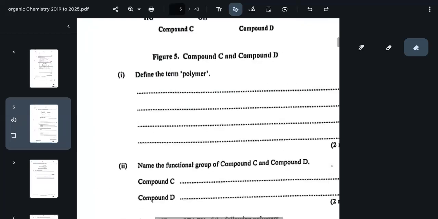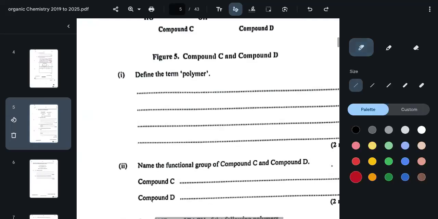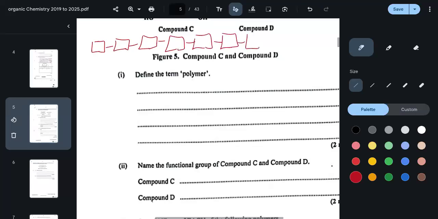So when you think of polymers, just think of a chain or even a train. So this box would represent our simple organic compounds. But the polymer now is when we join up a specific molecule over and over again to form a large compound.